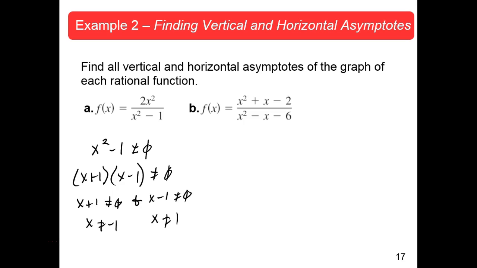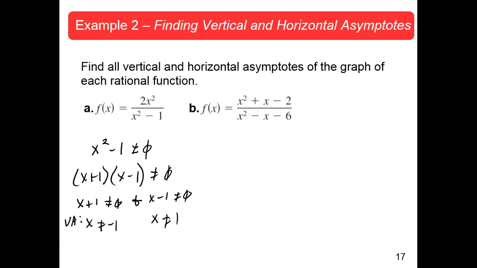Okay? So there's what I call your VAs, vertical asymptotes. How about your HA? How do we get your horizontal asymptotes for that first one? How many could you have? Only one or none. No options. Okay? So what would be your horizontal asymptote?